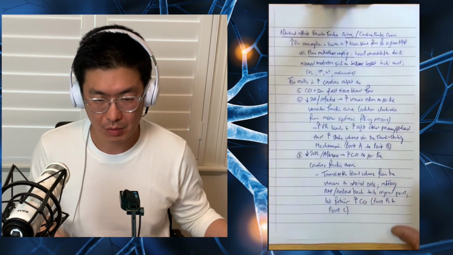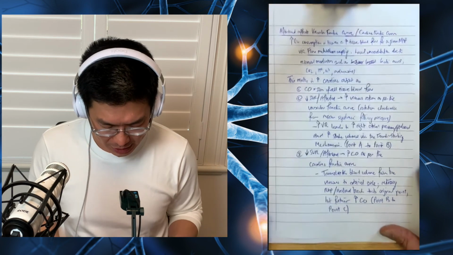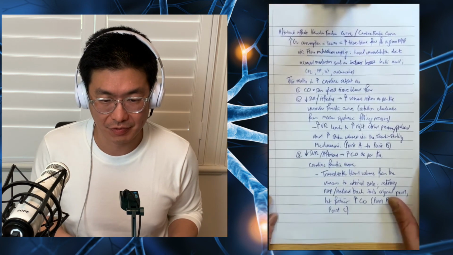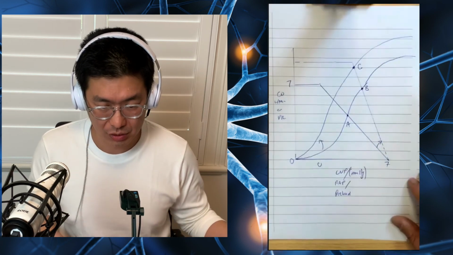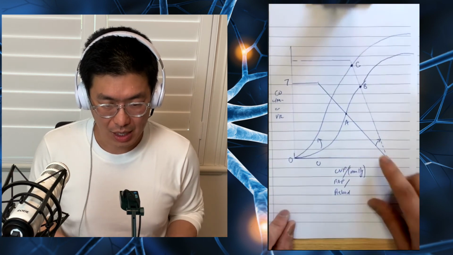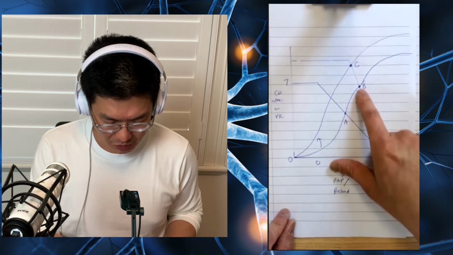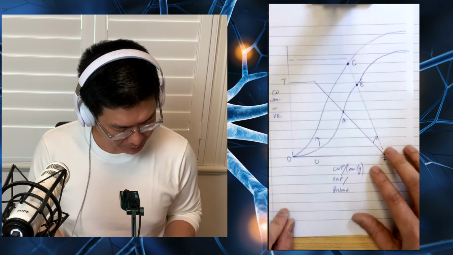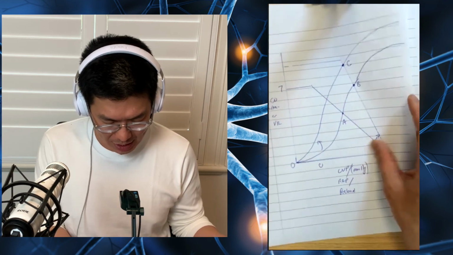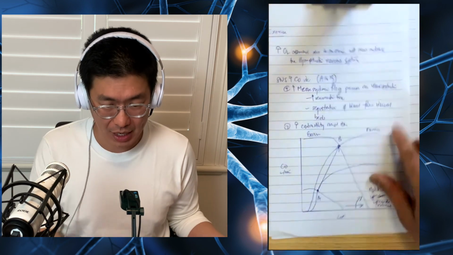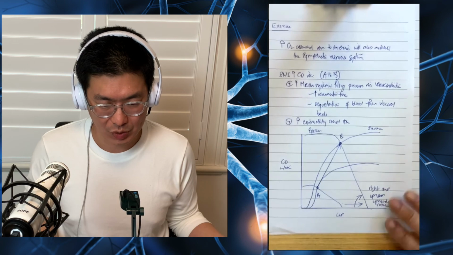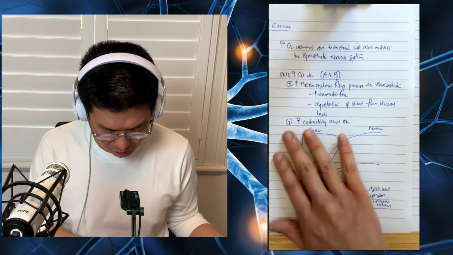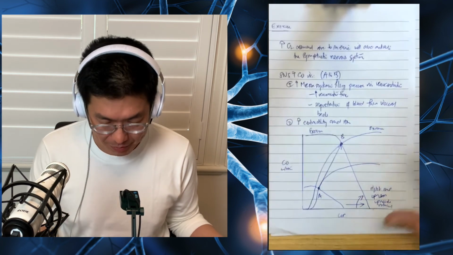And then I've talked about how afterload affects the vascular function curve and cardiac function curve, and related it to this diagram here, where point A moves to point B, goes to point C. And then after that, just the idea of exercise. As you can see, this was a last minute thing, so I haven't had time to put any numbers in, but you get the idea.